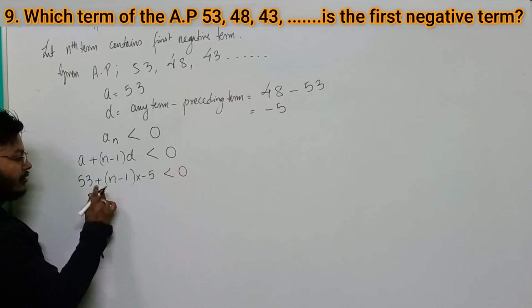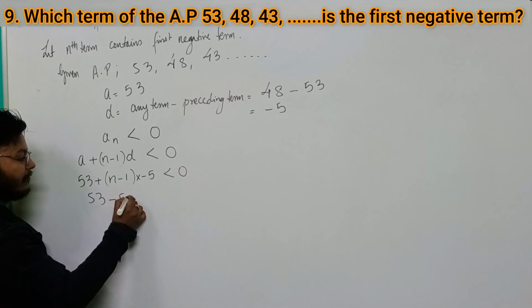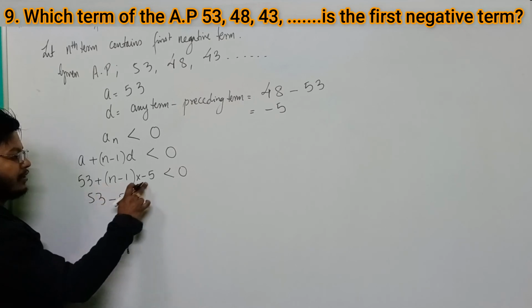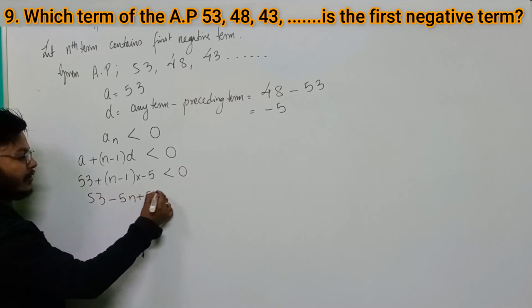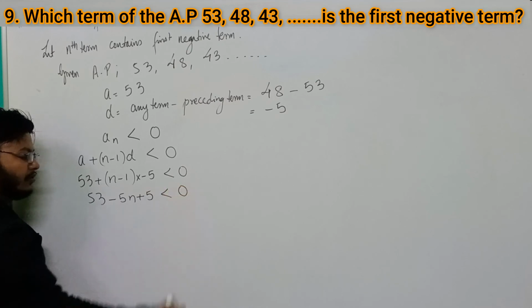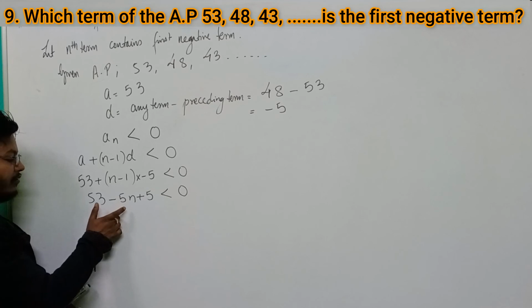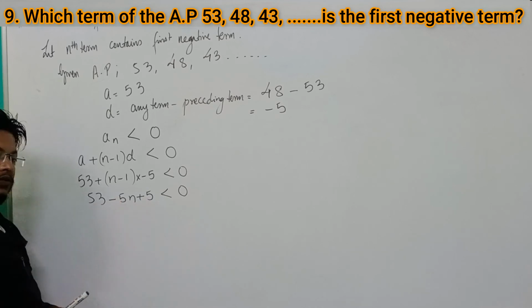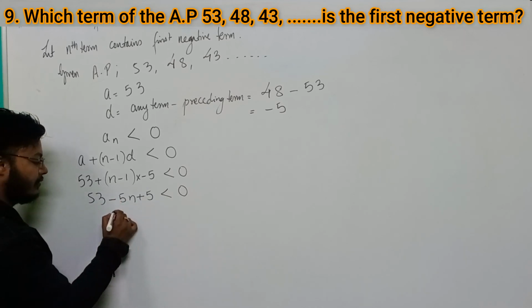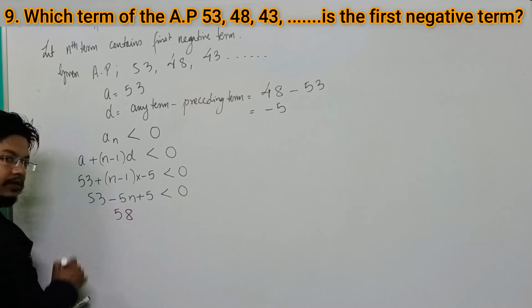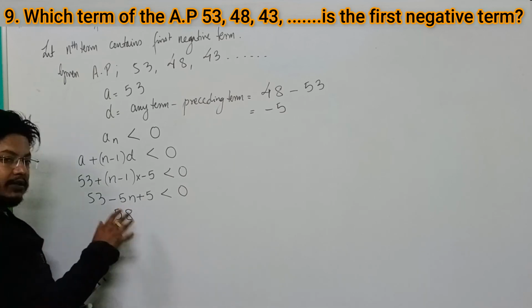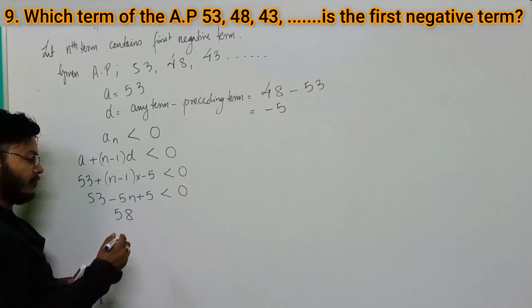So 53 plus minus 5n, and minus into minus is plus 5, less than 0. So 53 plus 5, how much will I get? 58.